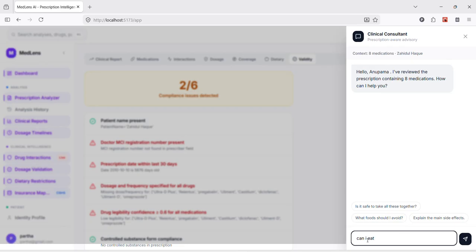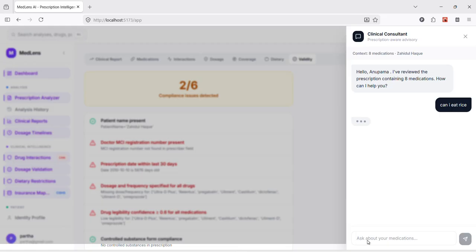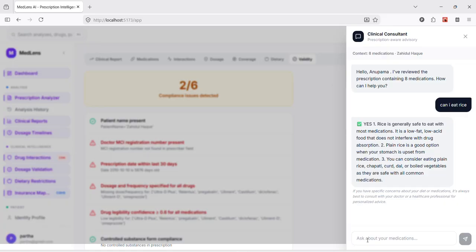All of our prescriptions and interactions with the clinical assistant are stored in SQLite, and the assistant generally goes back to SQLite, refers to it and gives us proper answers henceforth. Here I've asked a question as to can I eat rice, and it tells me yes, and it also tells me why it is safe to consume it without any issues.